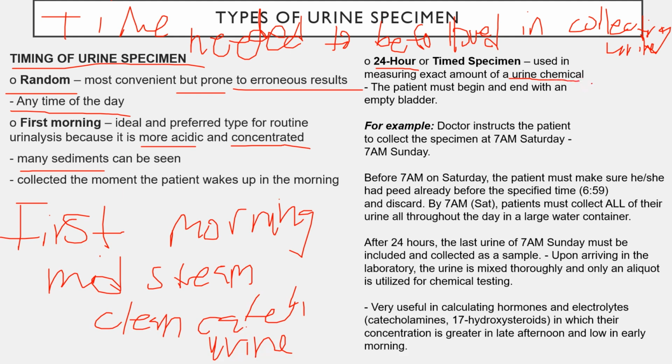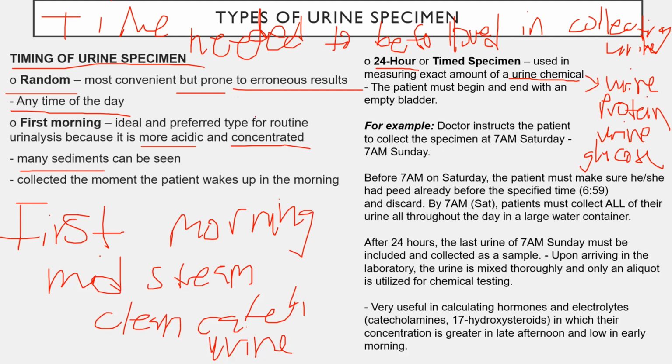When you say urine chemical, we're talking here about urine protein and urine glucose, as well as other chemicals or constituents that can be found in the urine, such as your sodium.